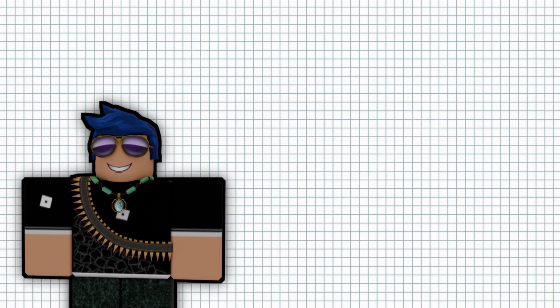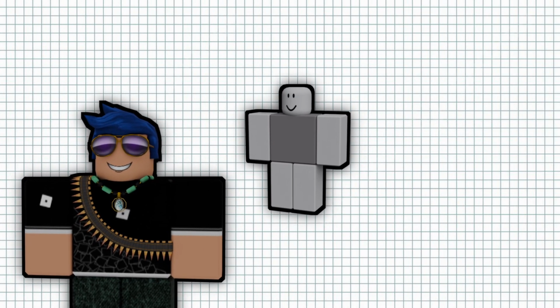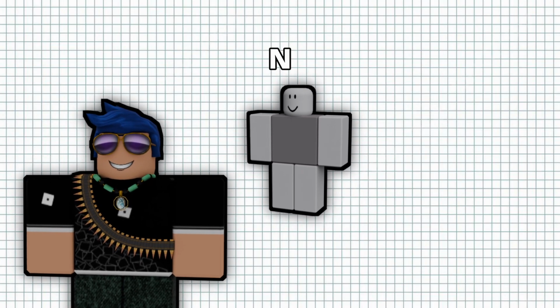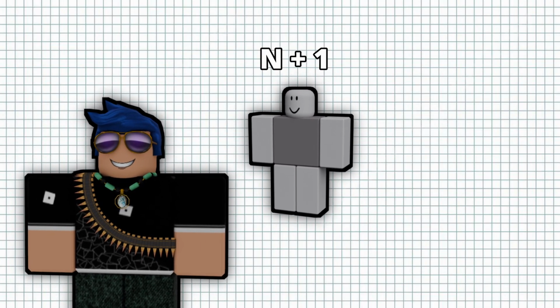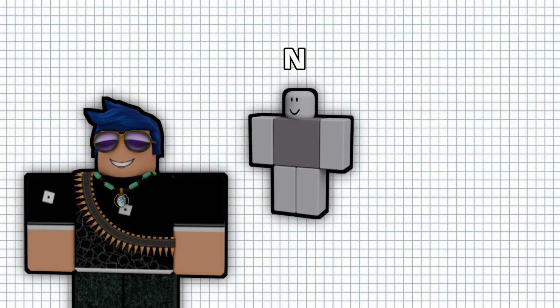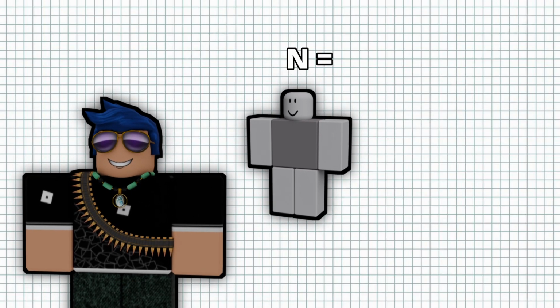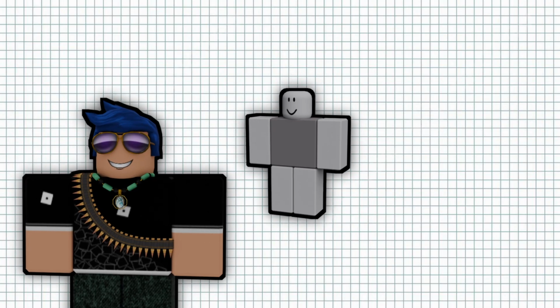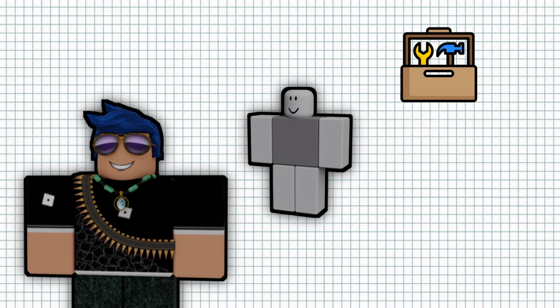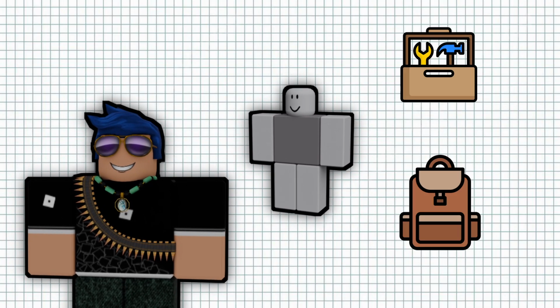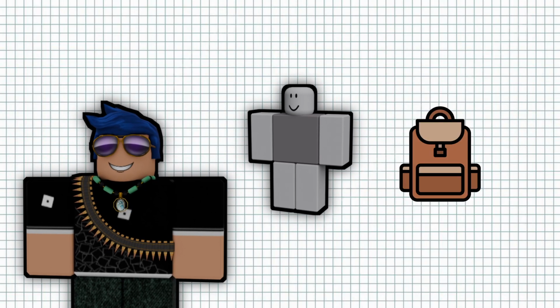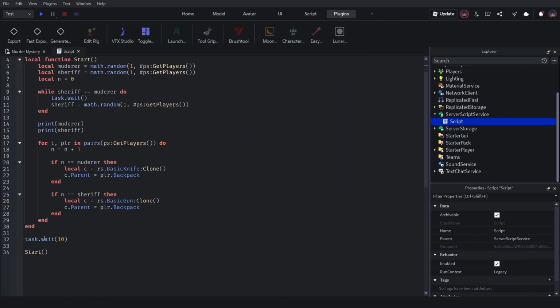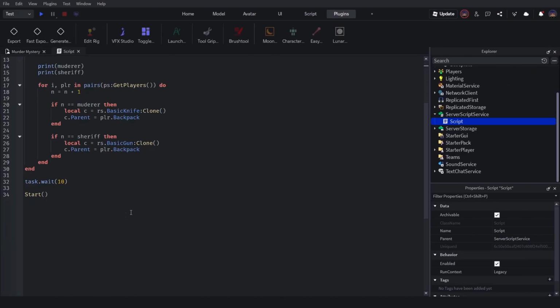This loop will go through all of the players, and for every player, the variable n will increase by 1. Then it will check if the variable n is equal to the variable of murderer or sheriff, and if it is, then it will clone the corresponding tool into the player's backpack so they can use it in the game. That's going to wait 10 seconds, and it's going to play this function.